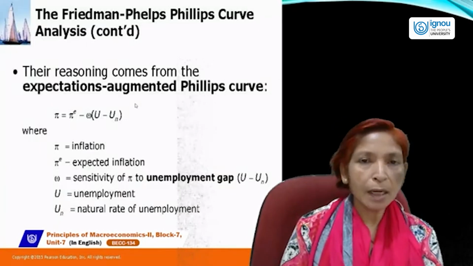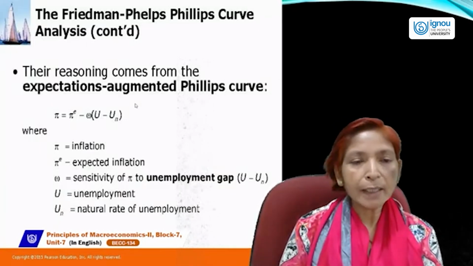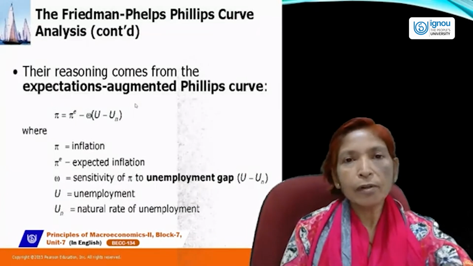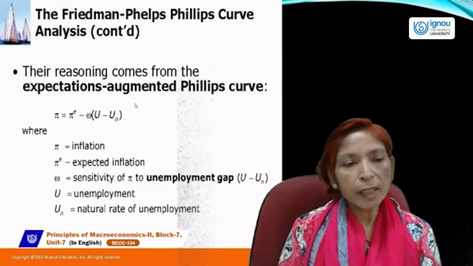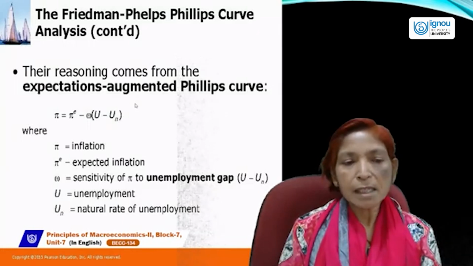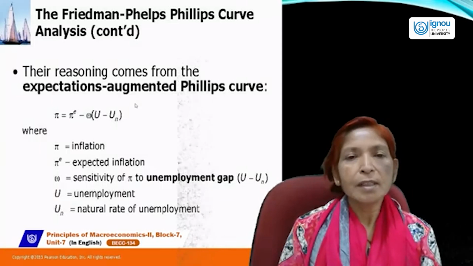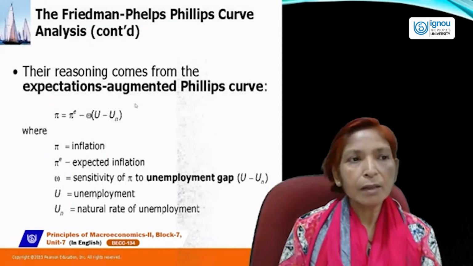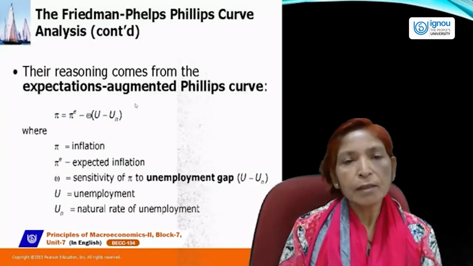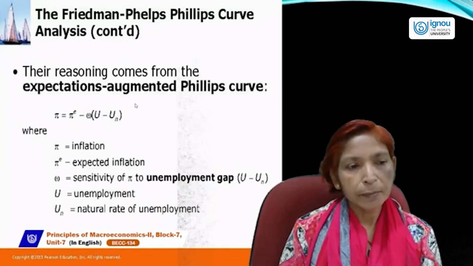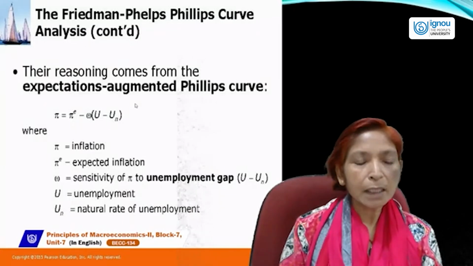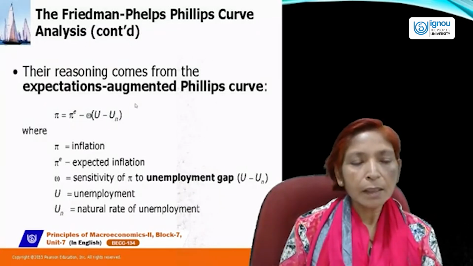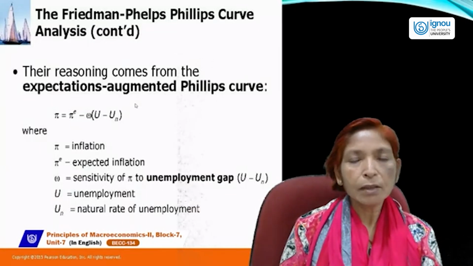Here u is unemployment and un is the natural rate of unemployment. So this augmented Phillips curve can be explained with the help of this equation, which was propounded by Friedman. This equation is pi equals pi e minus theta in bracket u minus un.